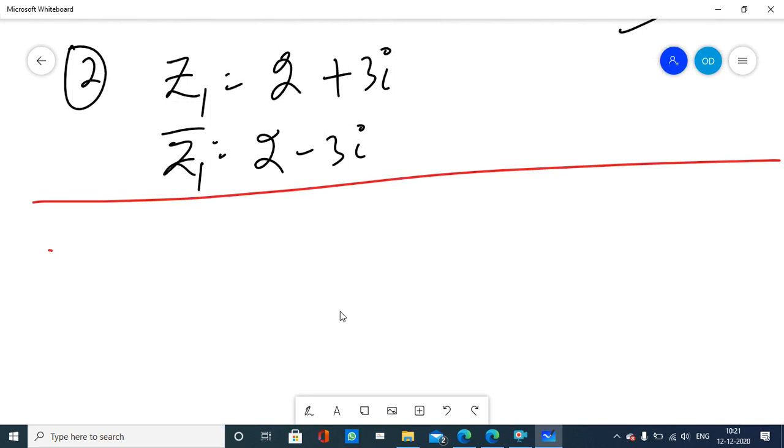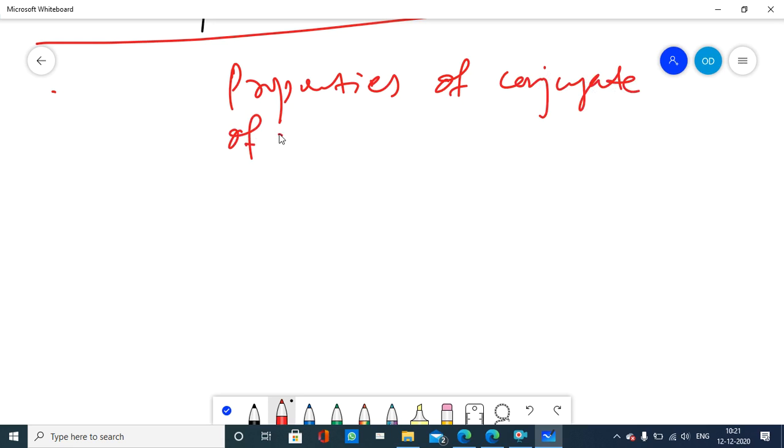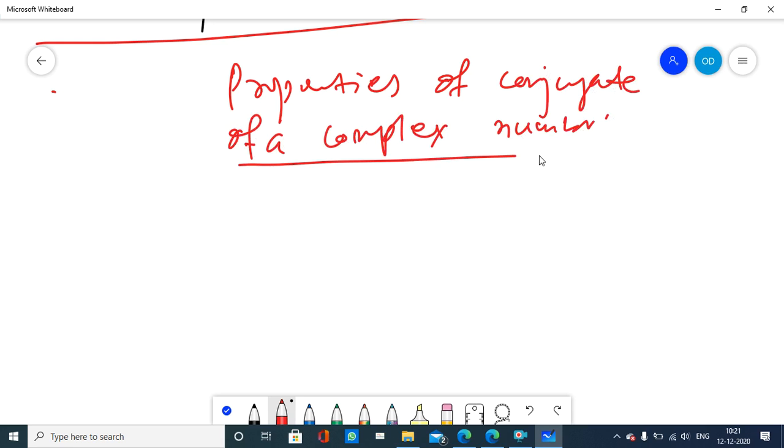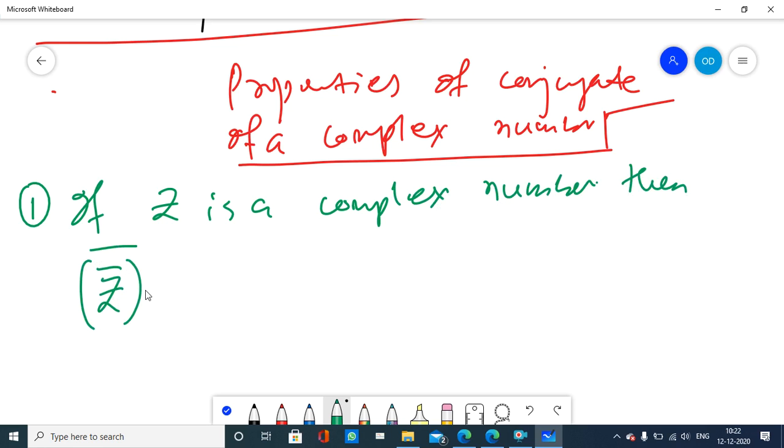Now let's talk about properties of conjugate of a complex number. First property: if z is a complex number, then the conjugate of the conjugate of z is the same as z itself.